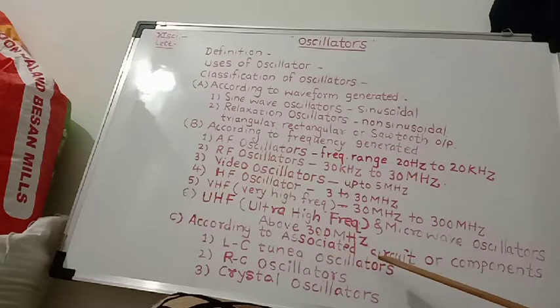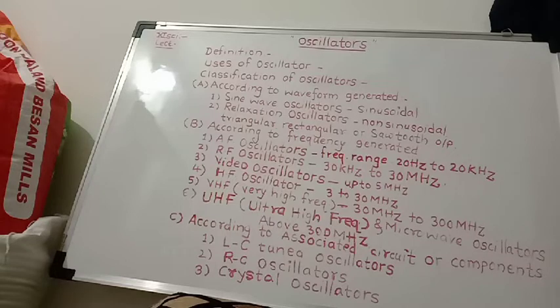According to associated circuit or components, there are 3 types. First is LC tuned oscillators, second is RC oscillators, and third is crystal oscillators. In LC oscillators, L means inductance and C means capacitors.